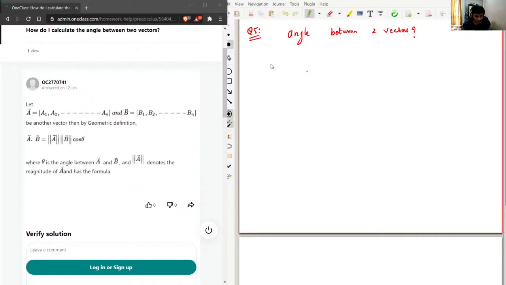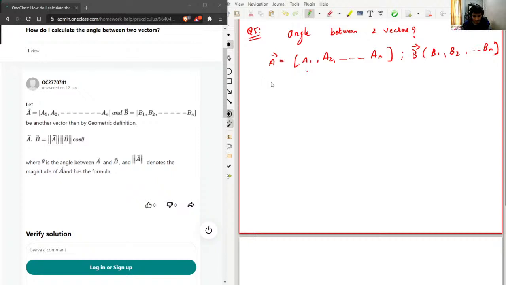So let's say we have two vectors. A vector which is a1, a2, an. Then we have b vector which is b1, b2, bn.